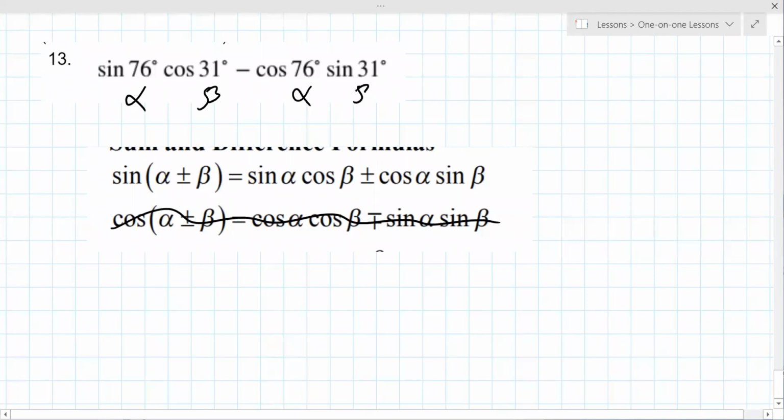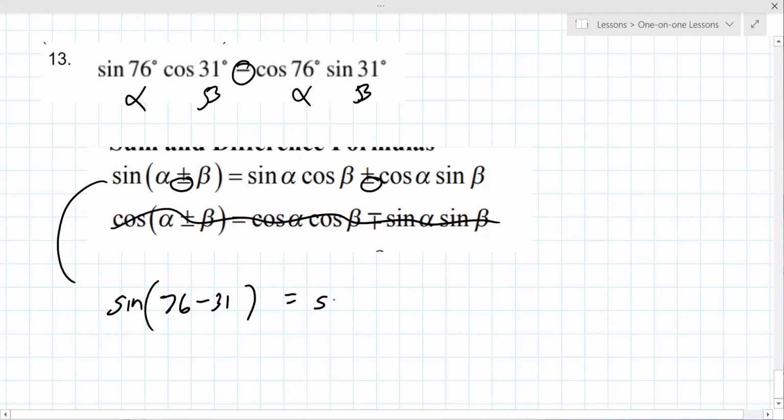There's a minus here, and the minus here goes with a minus here. So this becomes sine of 76 minus 31. What does that equal? That's sine of 45. Oh, wait, I know that one. That one's on the unit circle. That's square root of 2 over 2. And that's the full answer that you wanted. Yes. On to number 14.